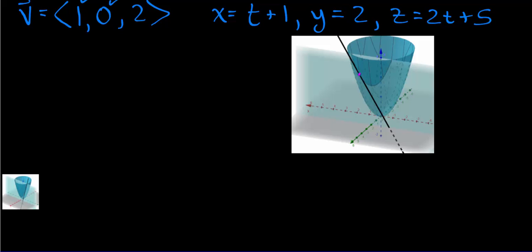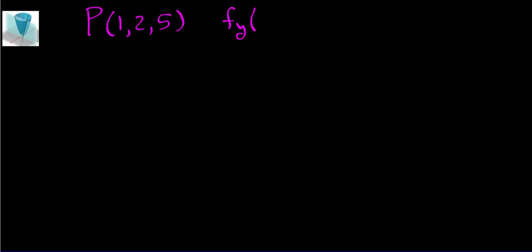Now let's look at the tangent in the y direction. Okay, still got the same point, and it is 1, 2, 5. Now I want to find the partial with respect to y this time, and it's 2y, of course. And now the point is going to be 1, 2, it's going to be 4.